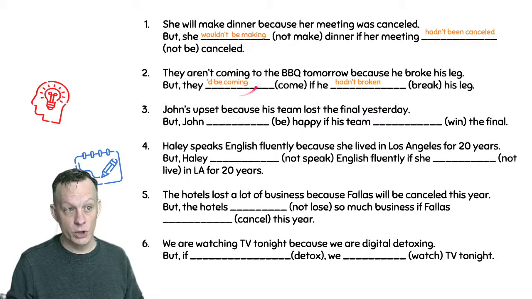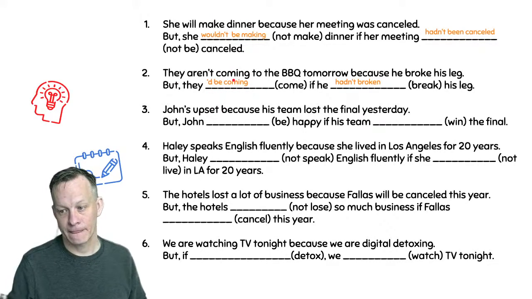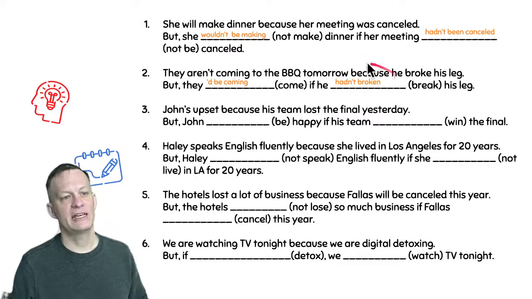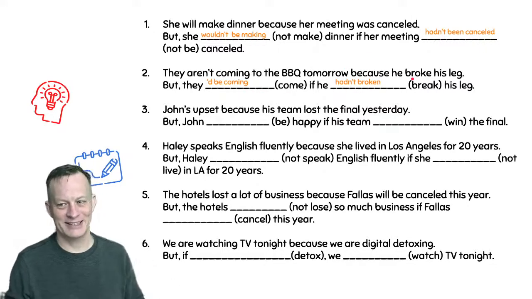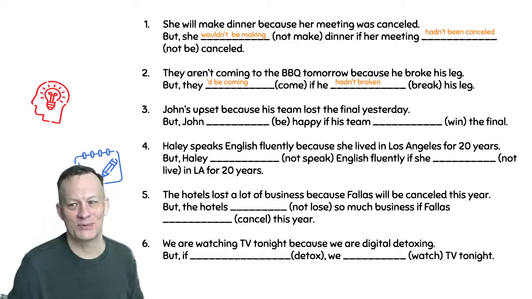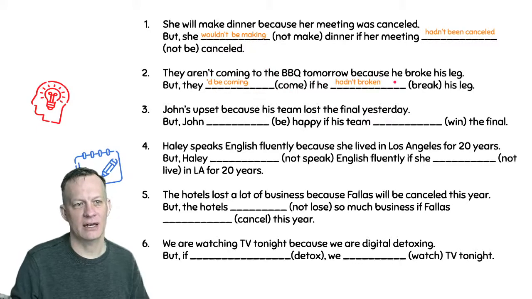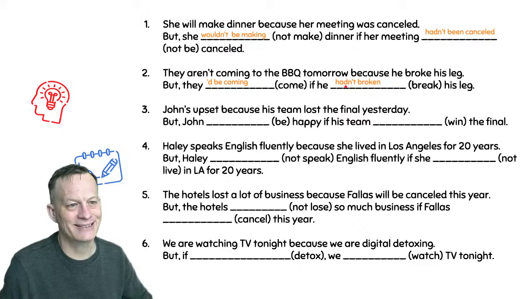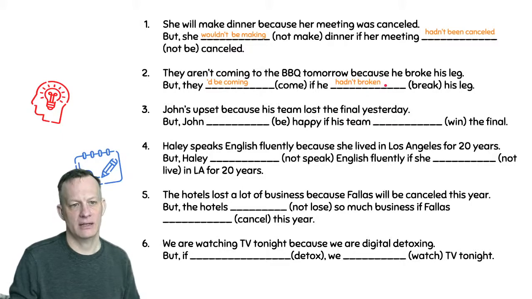They would be coming tomorrow if he hadn't broken his leg. All right, so this is a tough one. I can see everybody is having a difficult time with this one. All right, yeah? So they would be coming. Yeah, Santi, you got that one because that's the future, but you stuck in an extra had here. If he hadn't broken his leg.